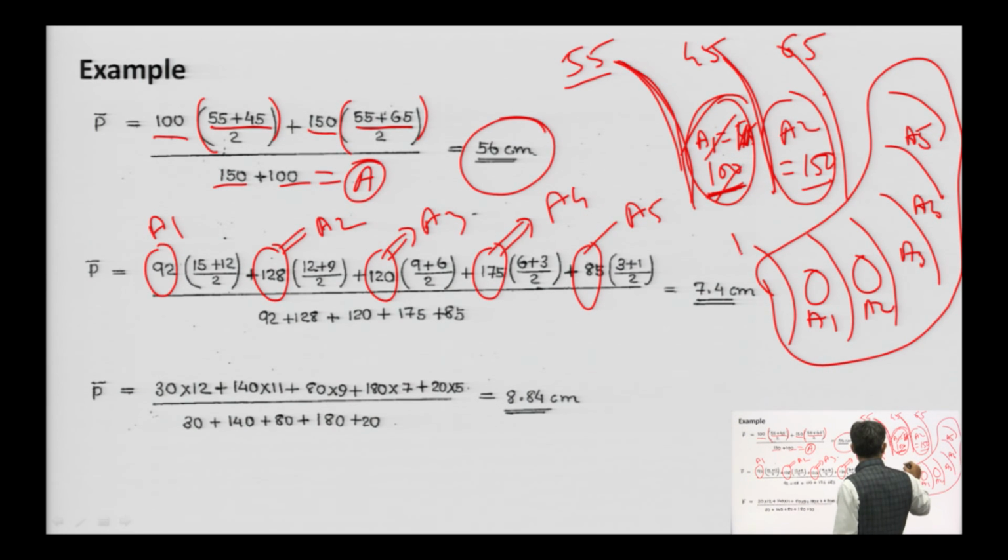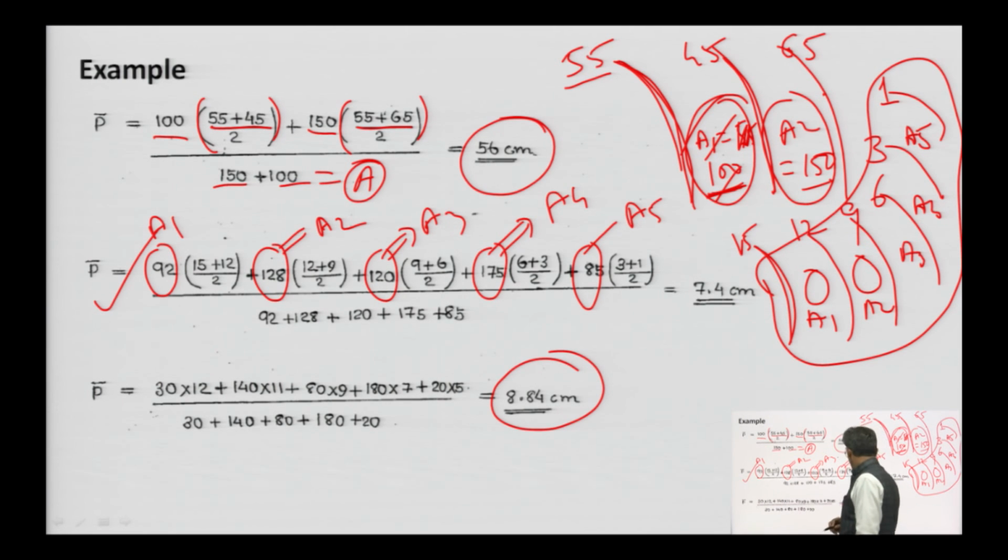So, this is 15, 12, 9, 6, 3 and 1. So, these are the isohyetal lines. Now, mean precipitation can be calculated using that equation, and it comes to be 8.84.